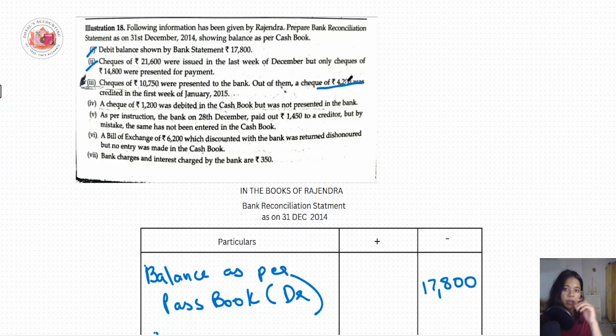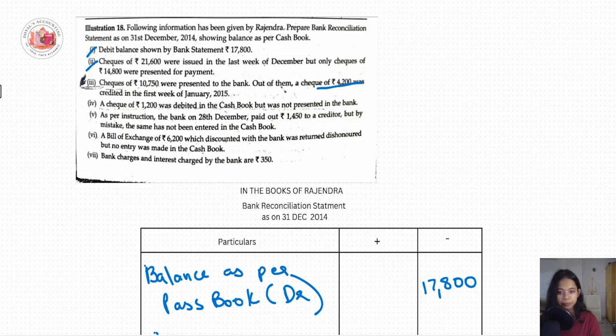So up till 31st December, our cash book balance is more than our passbook balance. If I want to equalize it, I will have to add to my passbook balance the amount of 4,200. That is the difference.